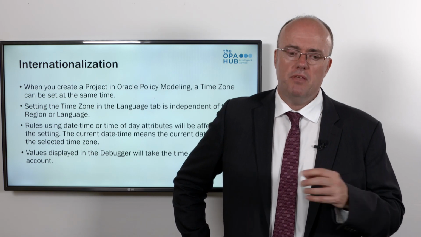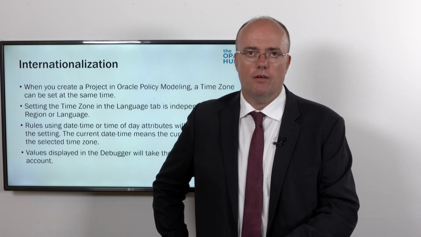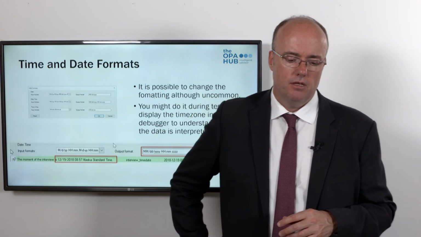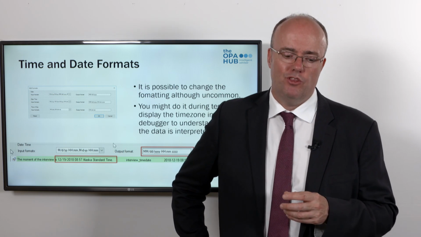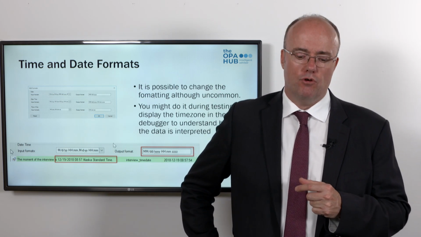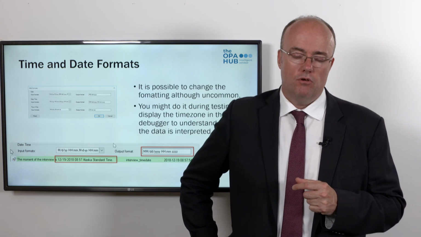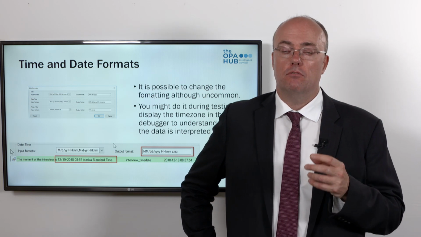So what that means is you will need to look in the debugger to make sure that you have the right time zone. The time zone is actually associated with the region and can be viewed as part of the formatting for a region. So each region has its own predefined settings.